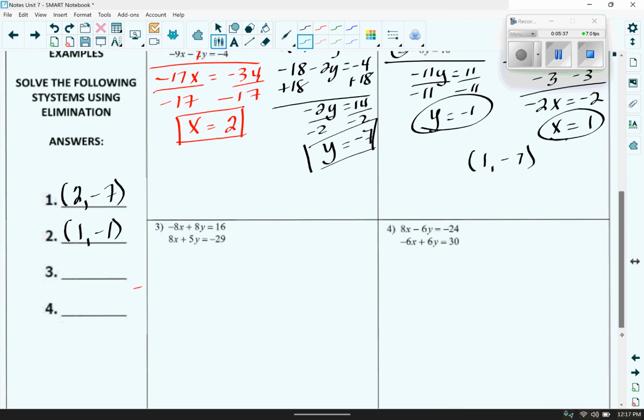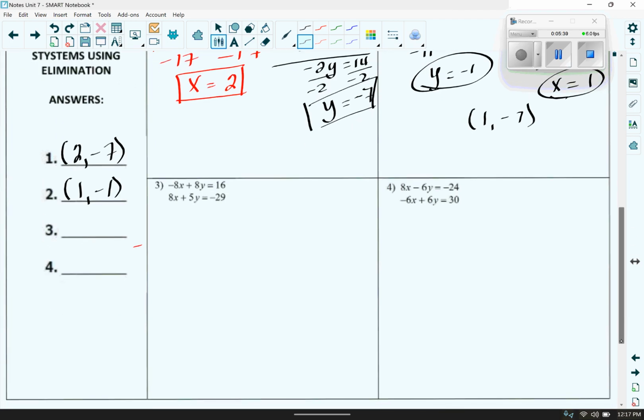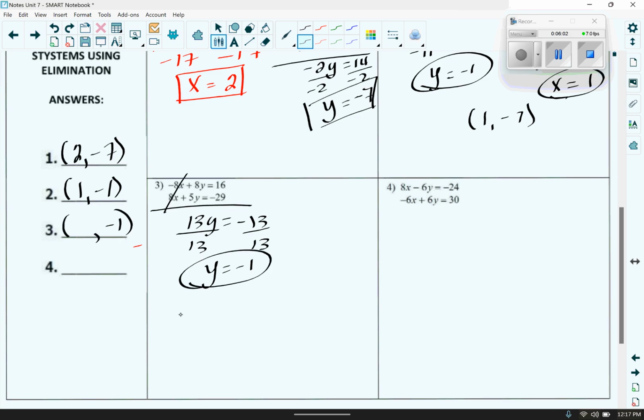All right, so number 3. If I use number 3, my x's are going to cancel. So they go away, and I get 13y is equal to negative 13. Divide by 13, y is equal to negative 1. Plug that right back in, and let's use the top one. Negative 8x plus 8 times negative 1 equals 16.